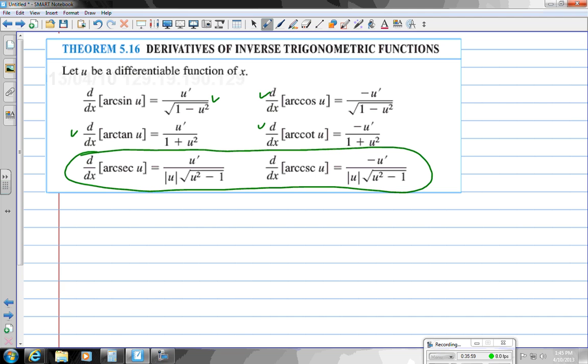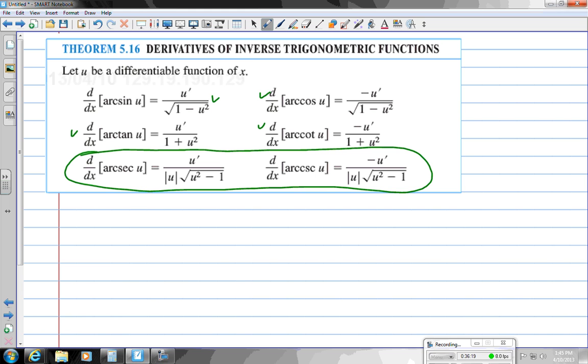Be aware of the arc secant and arc cosecant. Know where to look them up, if necessary. I'm not going to ask you to memorize those two, but you should be somewhat familiar with definitely the arc tangent.